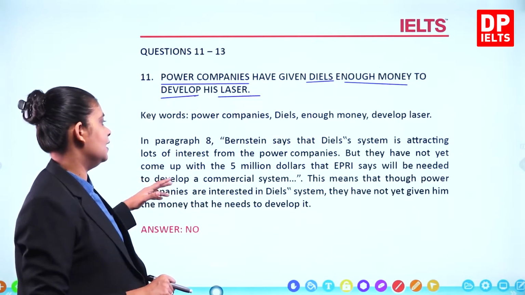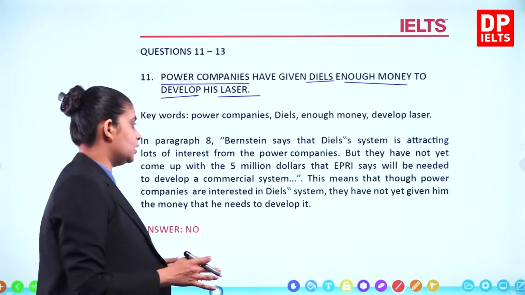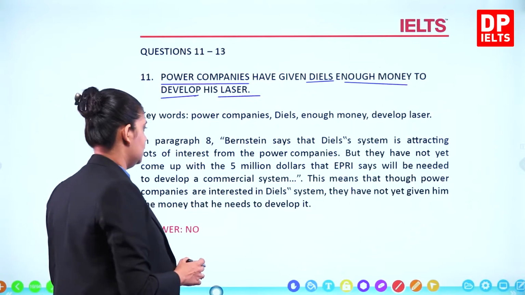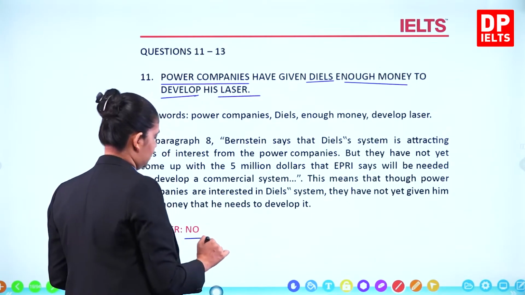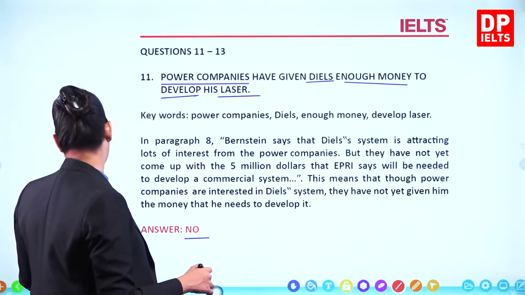This means that though power companies are interested, they have not given him the money yet, which means the answer is no, they haven't, or he hasn't got enough money yet.